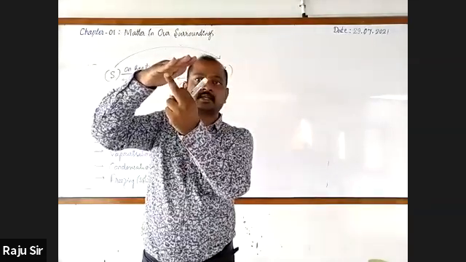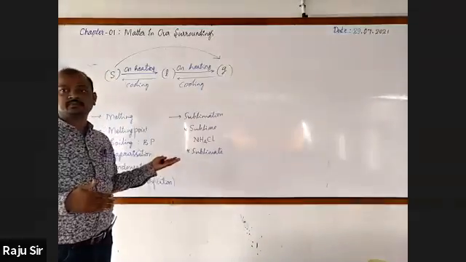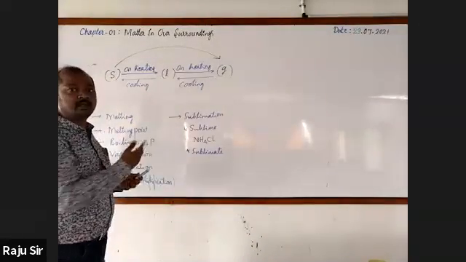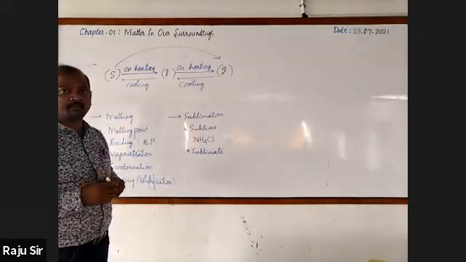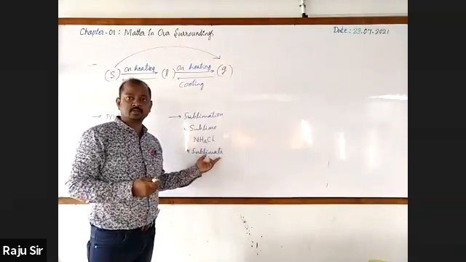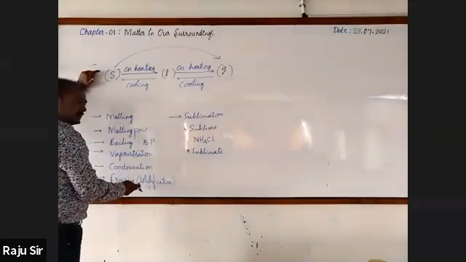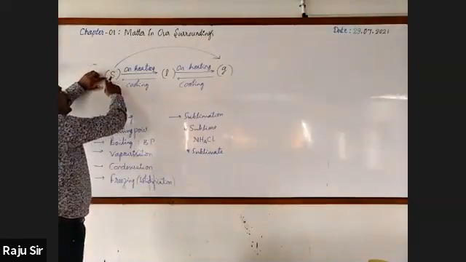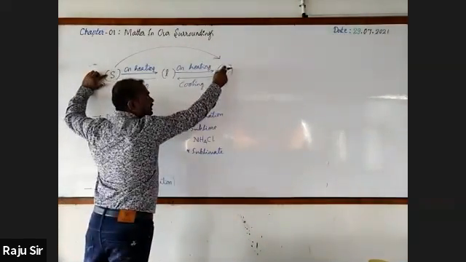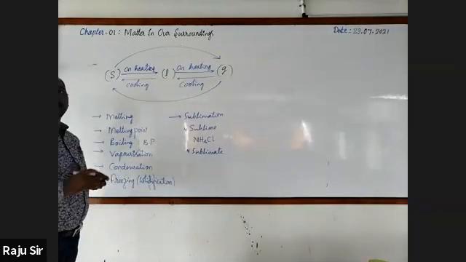These gas particles get converted to solid again. We get the solid ammonium chloride, and we call that sublimate. So sublimation is the process in which solid is directly converted to gas, and even gas is directly converted to solid as well.